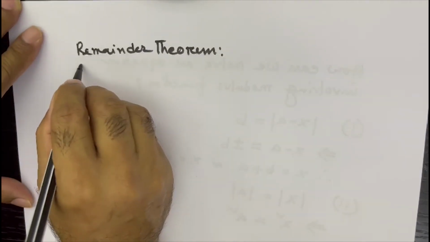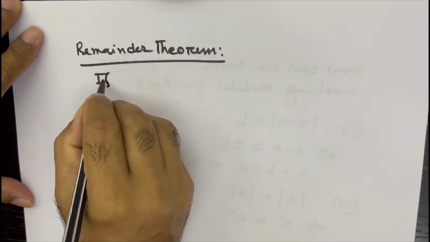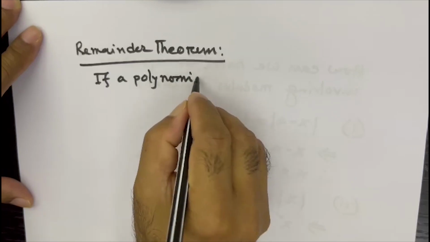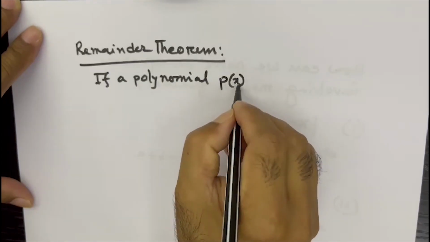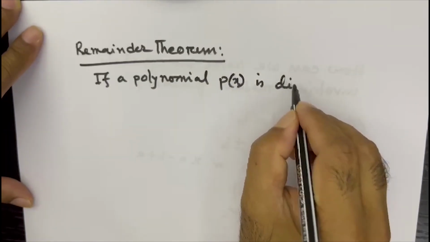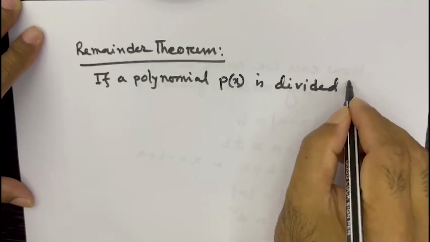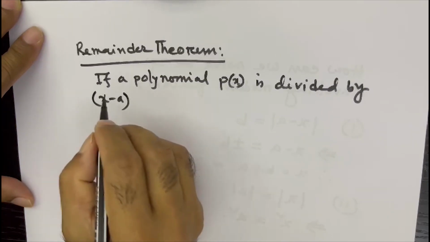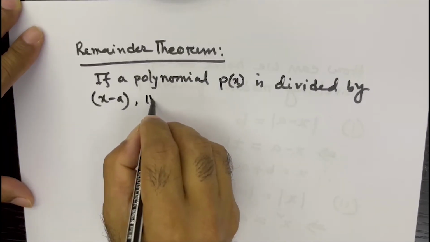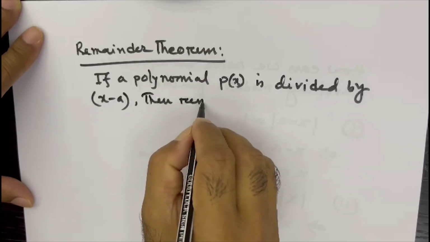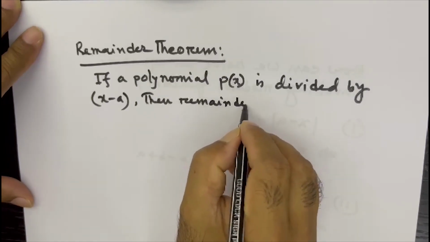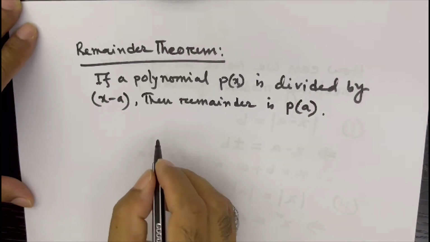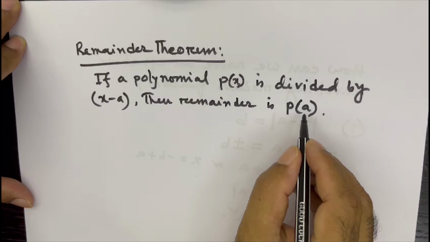If a polynomial p of x is divided by x minus a, then the remainder is p of a. This is the simple version of the remainder theorem.